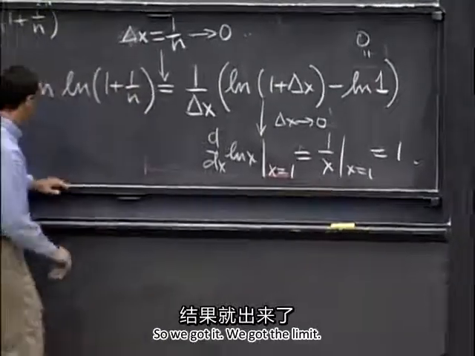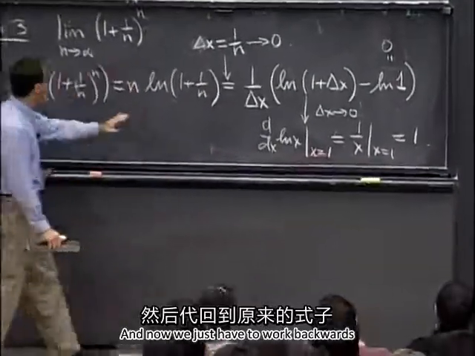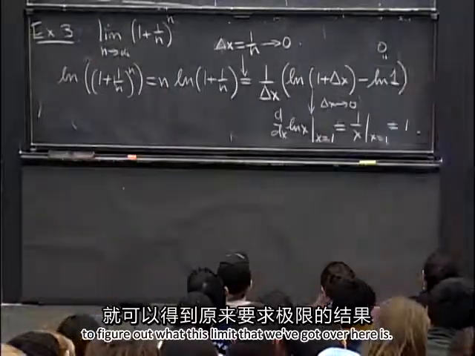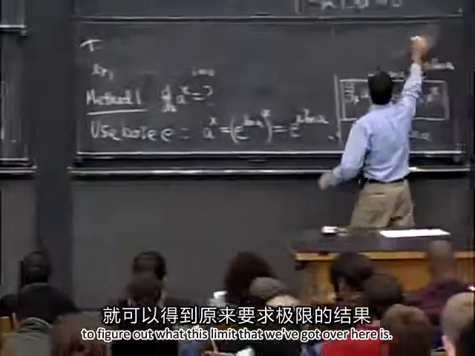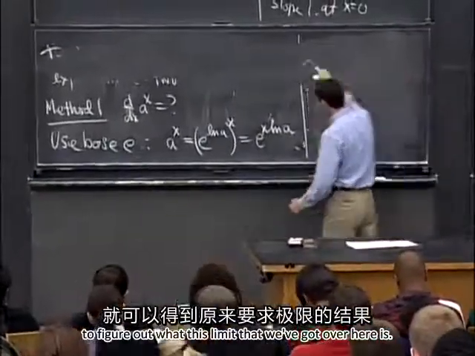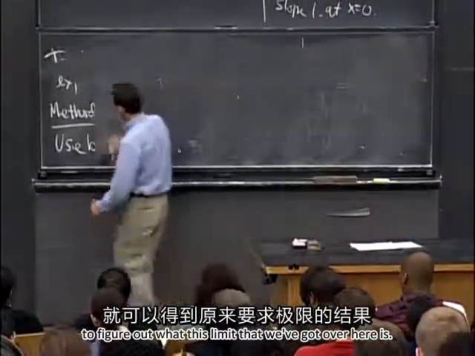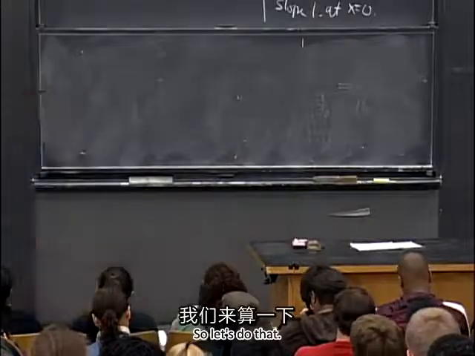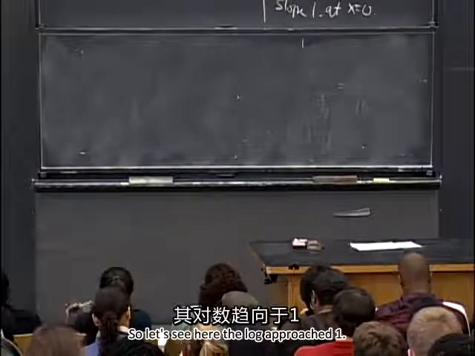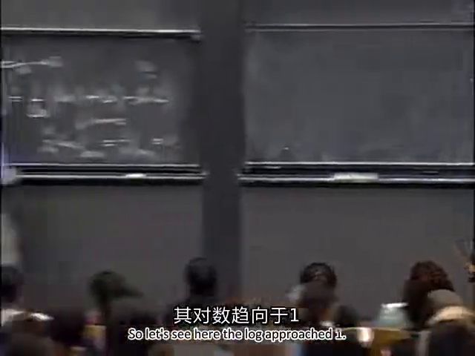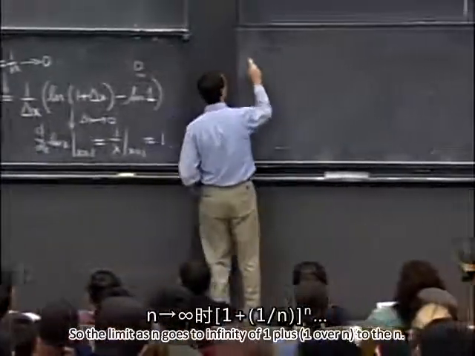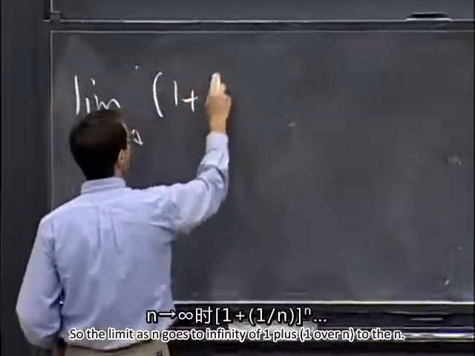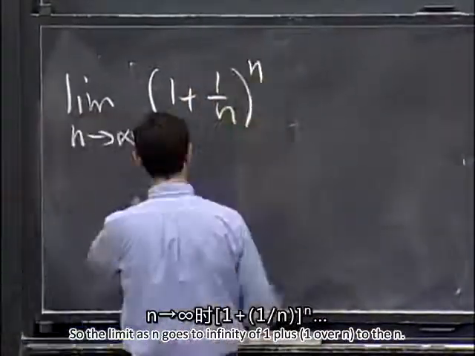Okay, so we got it. We got the limit, and now we just have to work backwards to figure out what this limit that we've got over here is. So let's do that. So let's see here. The log approached 1. So the limit as n goes to infinity of (1 + 1/n)^n.